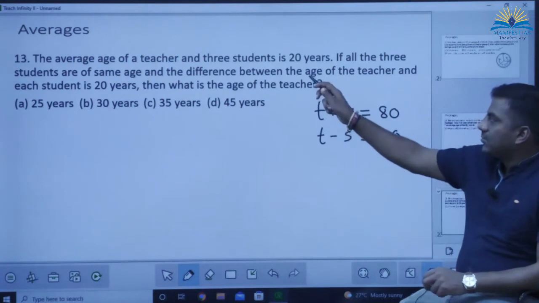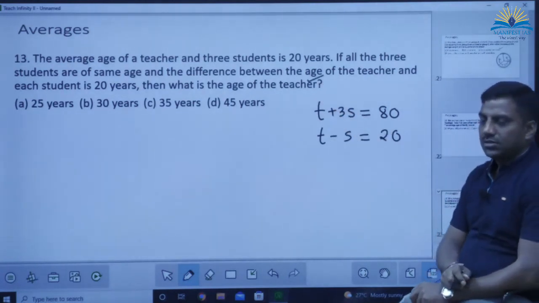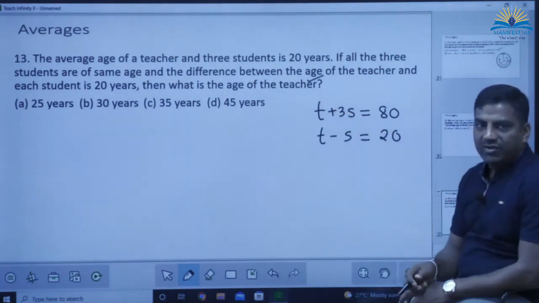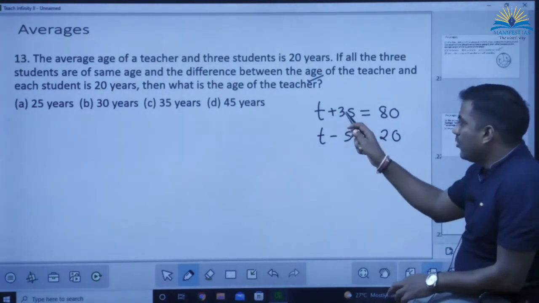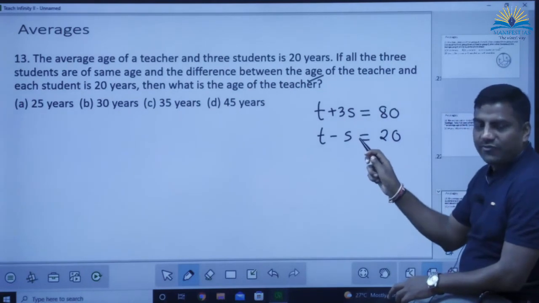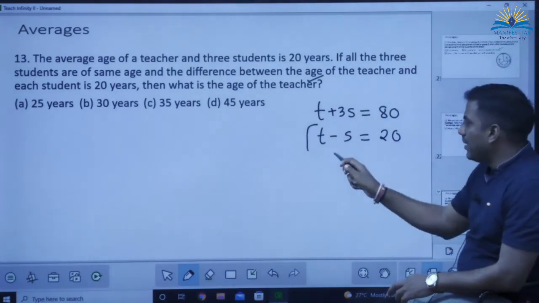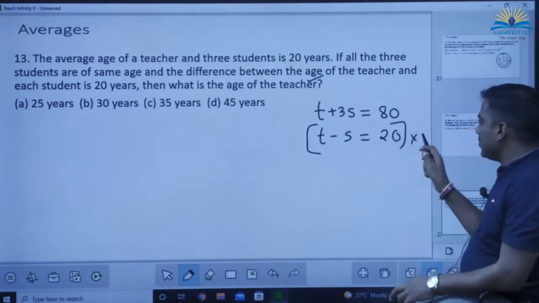What is the age of the teacher? You want to retain t in the equation. You want to kick out s. So you have to equate the coefficients of s. That is why multiply this equation by 3.